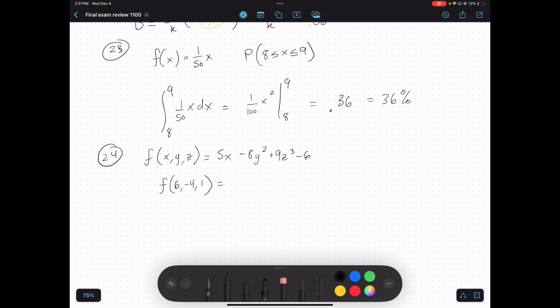What does that mean I'm doing? Just plugging it all in. Plugging it all in. Be specific. I'm plugging 6 in for x, plugging -4 in for y, and plugging 1 in for z. So 5 times 6 minus 8 times -4 squared plus 9 times 1 cubed minus 6. Awesome. Any questions about this one? Pretty straightforward.